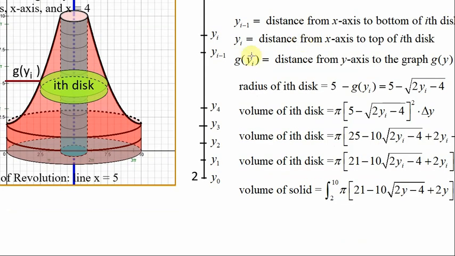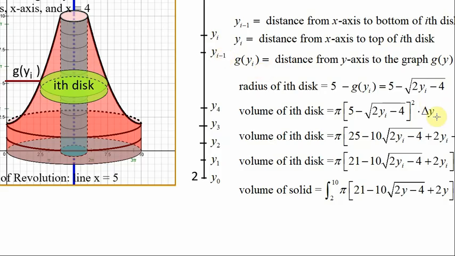And the volume of this ith disk will be pi times the square of the radius, which is this. So it'll be 5 minus the square root of 2y sub i minus 4, squared. And then the thickness of the disk, we call it delta y. Again, the thickness of the disk for the ith sub-interval is y sub i minus y sub i minus 1.